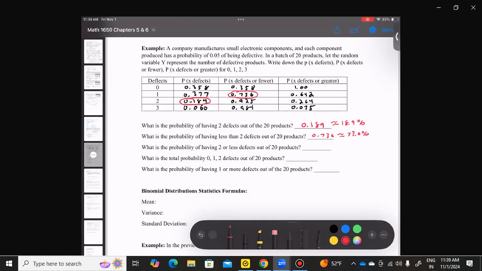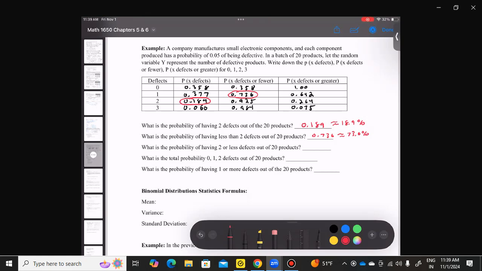If they have terms like less or more than, and that value is not included, you have to jump up to the next value. Remember, less than 2 is 1 or less. It would not be 1.5 or less because we are in the binomial, or a discrete variable. So we can't have a 0.5. So we always just jump up to the next one or jump down to the one that we're looking at.